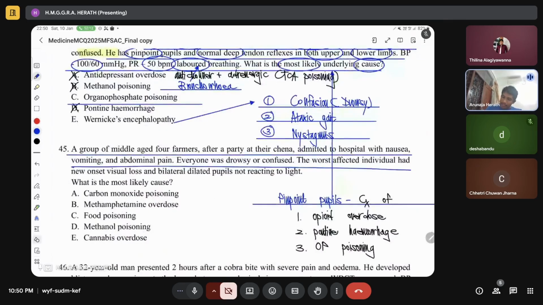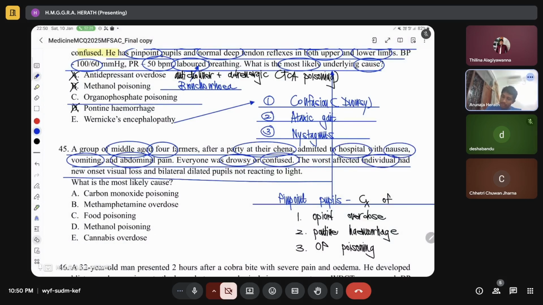A group of middle-aged farmers, after a party, were admitted to the hospital with nausea, vomiting, and abdominal pain. Everyone was drowsy or confused. The worst affected individual had new onset visual loss and bilateral dilated pupils not reacting to light. What is the most likely cause? Methanol.